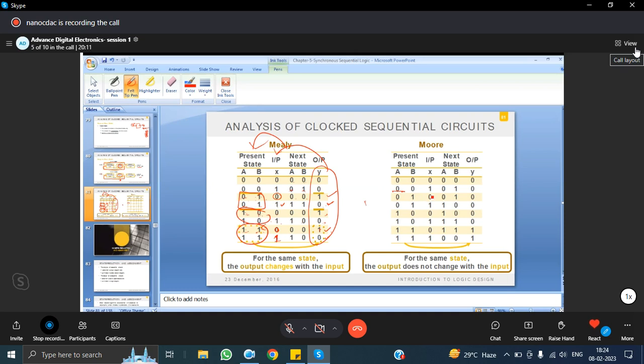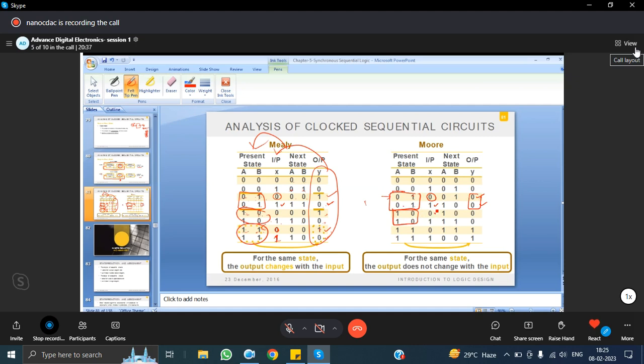0 1, you see, now the present state is 0 1. When your input is 0, output is 0. Look here, the same state 0 1. In the 0 1 state, when input 1 is given, the output is not changing. And here 1 0 is indicating the same state.